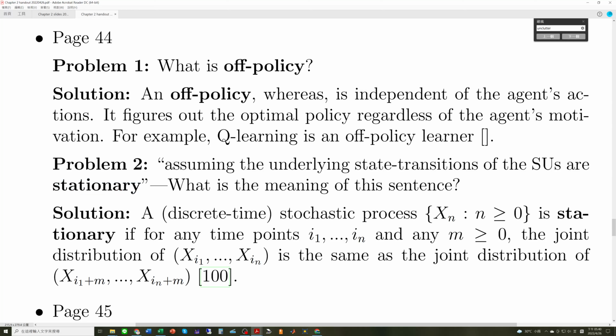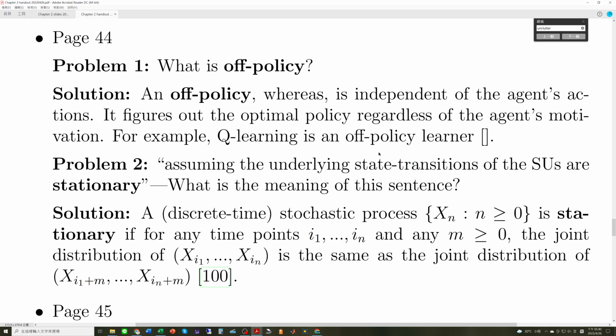So what is the underlying state transitions of the secondary users? In our case, the secondary users can be modeled as a Markov chain. So there are underlying state transitions of the secondary users.